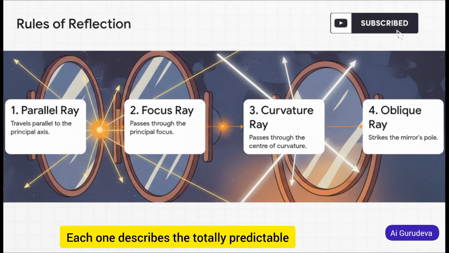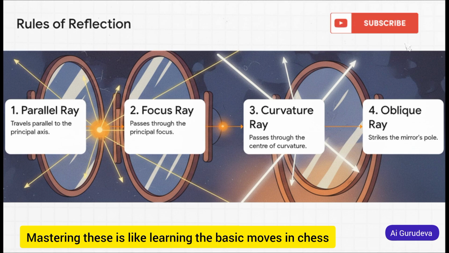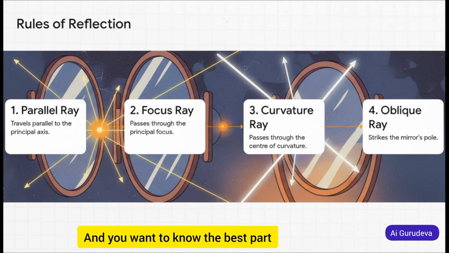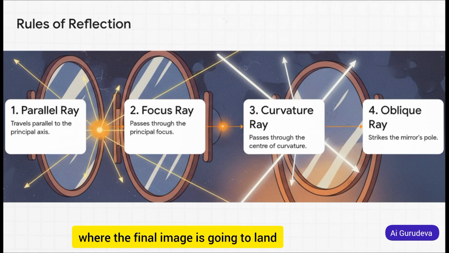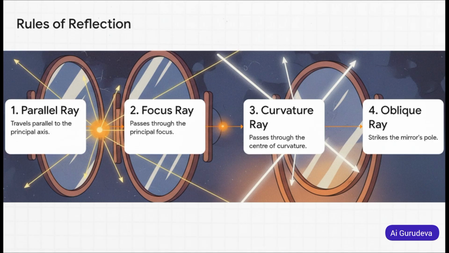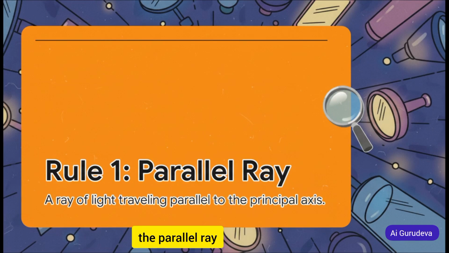Each one describes the totally predictable path of a very specific light ray. Mastering these is like learning the basic moves in chess. And you want to know the best part? You only need to use 2 of them at a time to figure out exactly where the final image is going to land. All right, let's kick things off with rule number 1, the parallel ray.